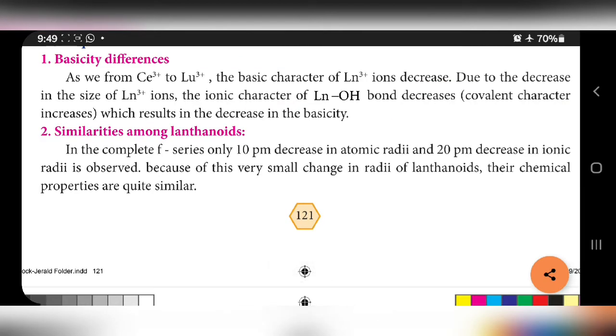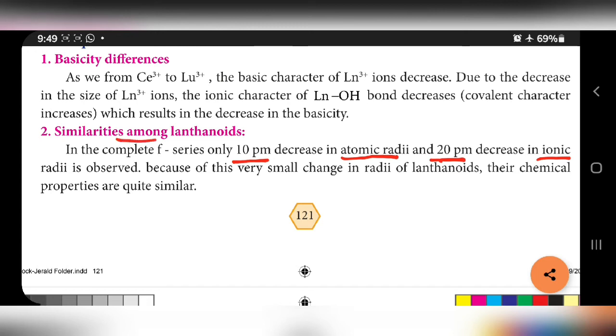Next point, similarities among lanthanides. In the complete 4f series, there is only a 10 picometer decrease in atomic radii and a 20 picometer decrease in ionic radii. Because of this very small change in radii of the lanthanides, their chemical properties are quite similar.